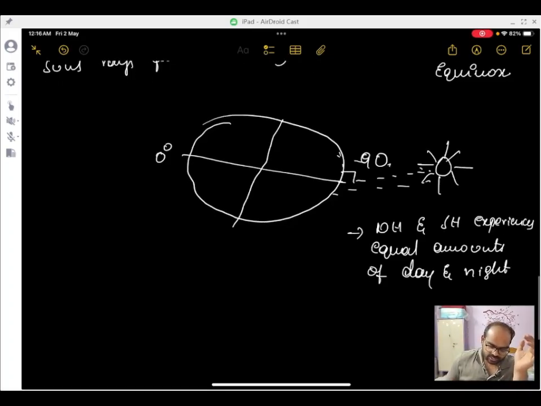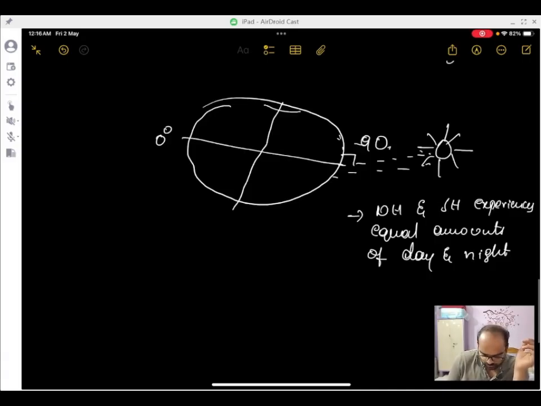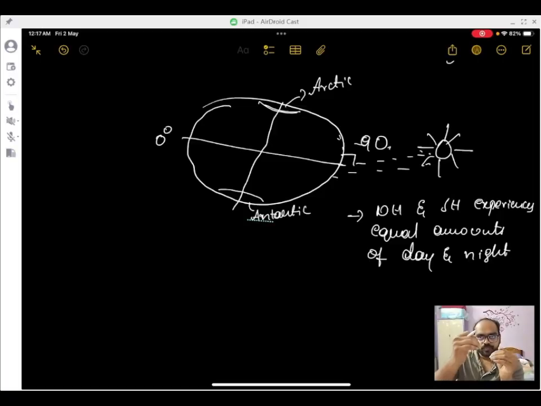Next, what happens? This is the Arctic Circle and Antarctic Circle. Slowly from March, the Earth is rotating in a clockwise direction and the sun's rays are shifting northward.